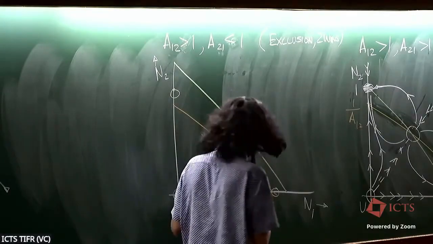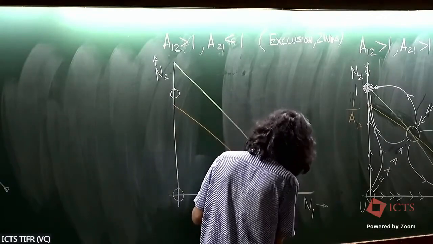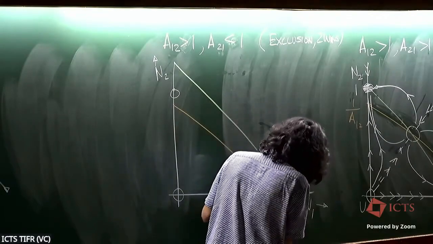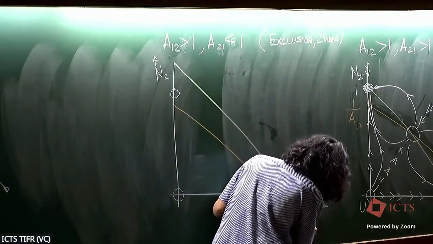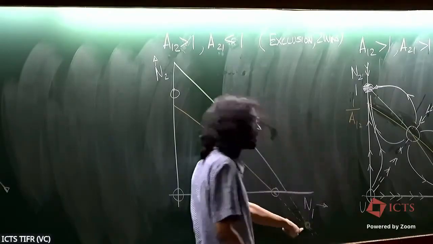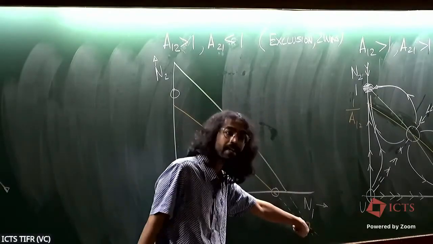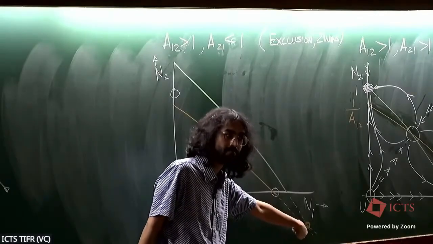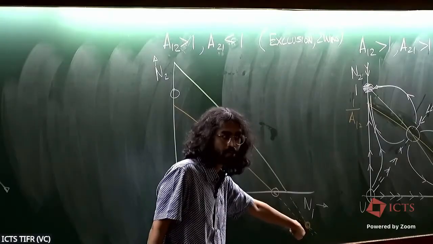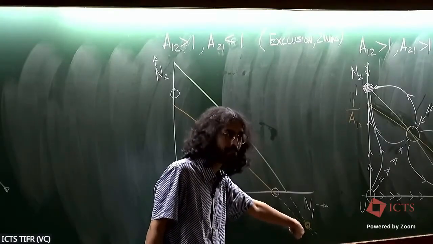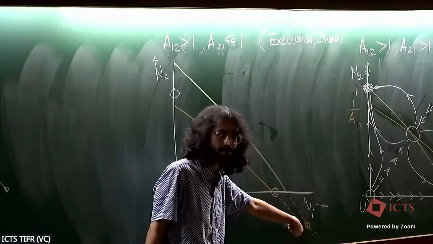I don't know if this is accurate, but I just want to show you that you might have a situation in which these two null lines are intersecting, but somewhere here, right? So mathematically, that would still be a fixed point, right? So maybe your fourth is not technically wrong, but it's not a physical fixed point that you ever expect to see given the dynamics, right?